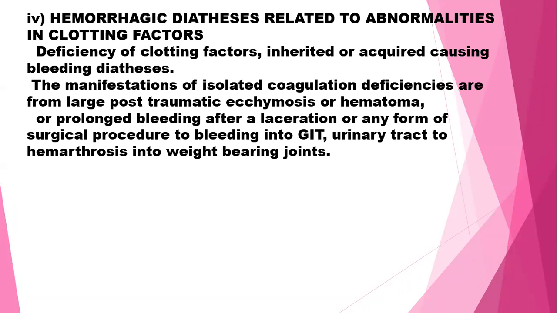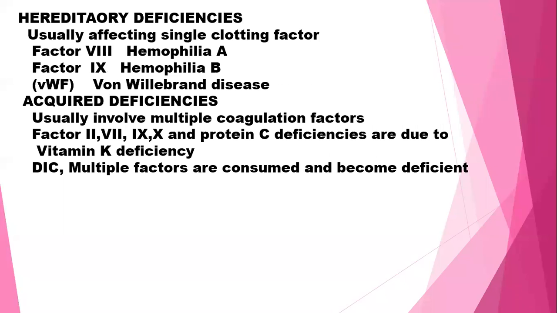The manifestations of isolated clotting factor deficiencies range from large post-traumatic ecchymosis or hematoma, or prolonged bleeding after a laceration or any form of surgical procedure, to bleeding from the GIT and urinary tract, to hemarthrosis, bleeding into the joints, especially weight-bearing joints.